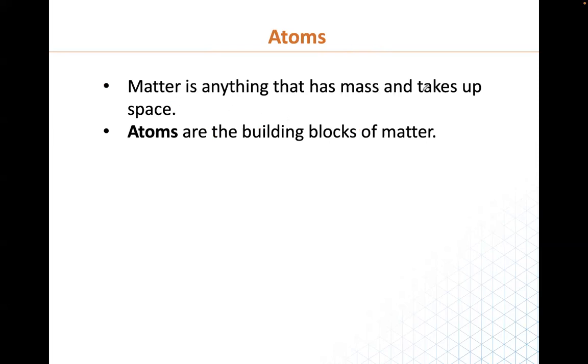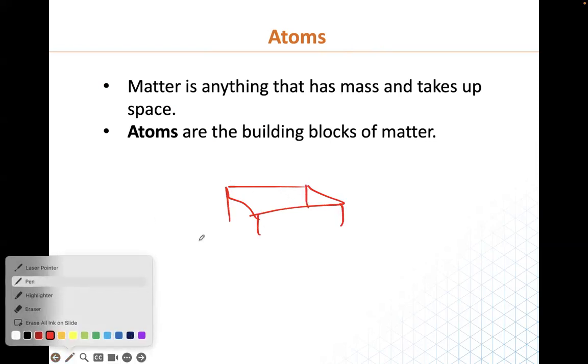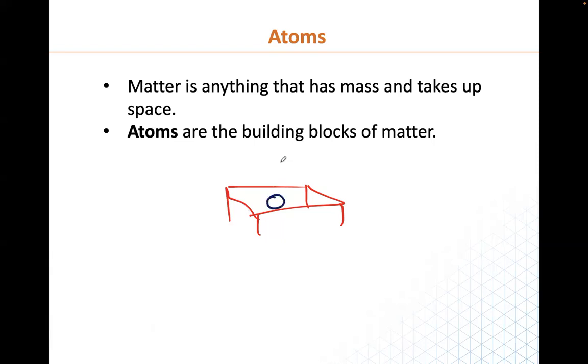Matter is anything that has mass and takes up space. So you have a table, then I'm putting a ball on this table. So the ball is a matter. The space on the table is being made smaller with the position of the table covered by the ball.